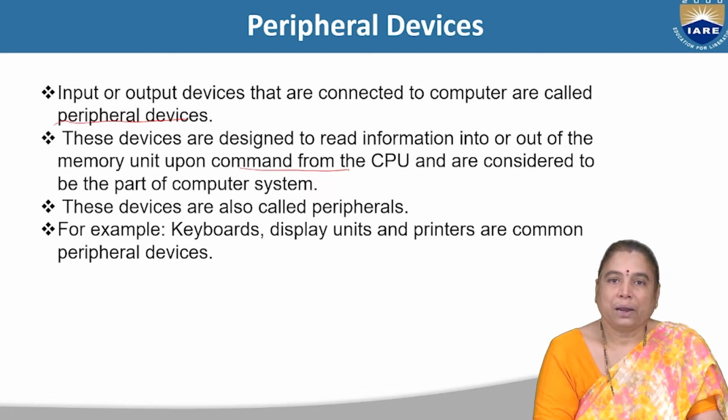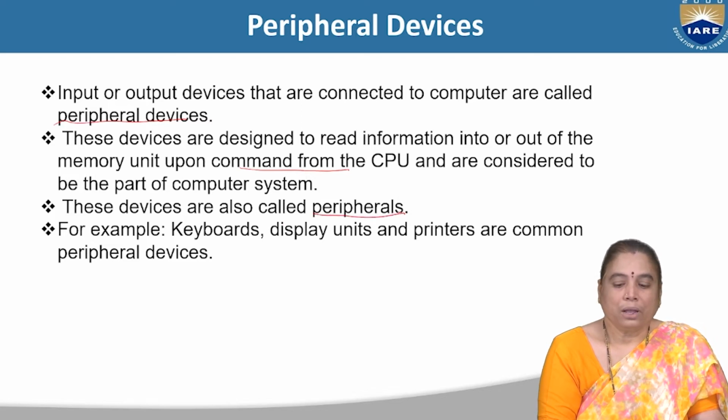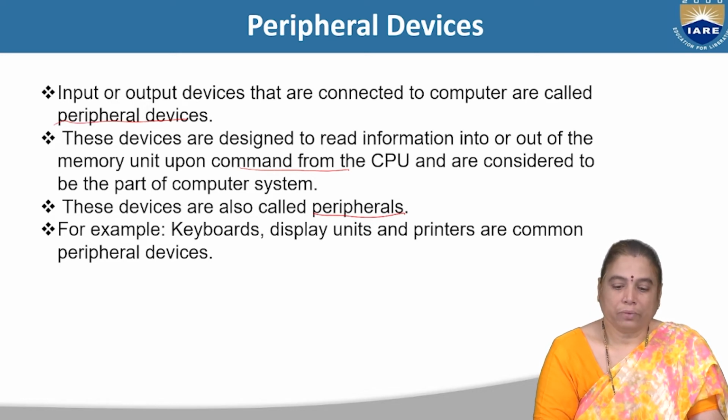Depending upon the command issued from the CPU, read and write operations on the memory can be performed using these devices. Examples are keyboard, VDU, display units, and printers. All these are various peripheral devices.